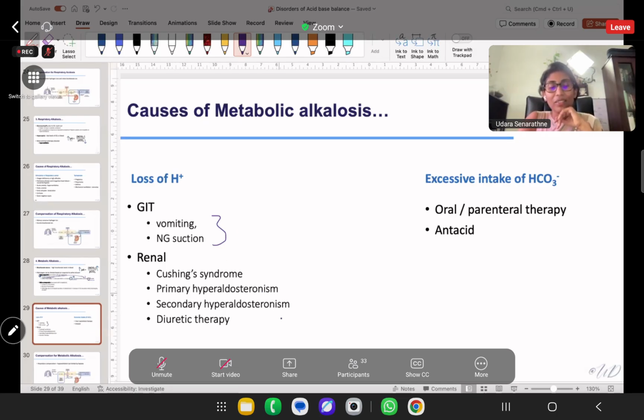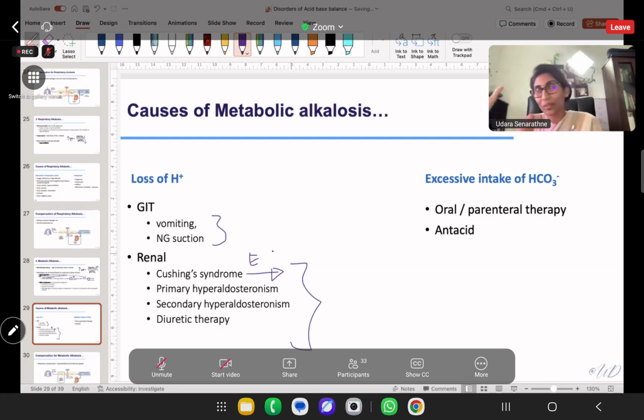Now, in Cushing's syndrome, primary hyperaldosteronism, secondary aldosteronism, in these instances, what is happening? Cushing's syndrome. Are you losing extracellular fluid? No, you are actually keeping extracellular fluid. So ECF is increasing because you have excess cortisol.